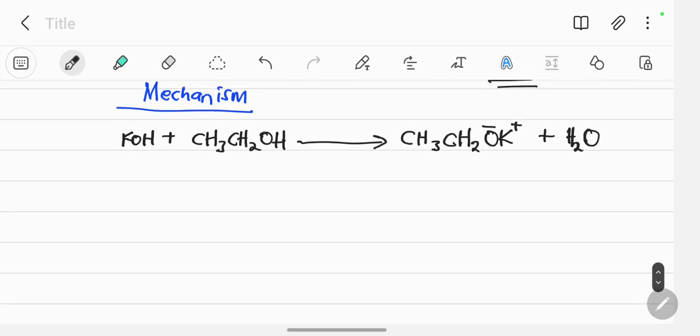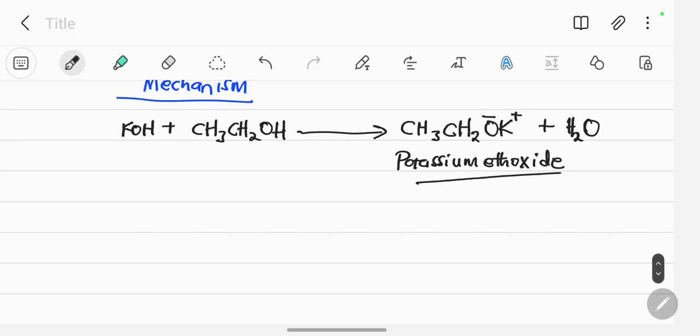So how would we call this? It's going to be potassium ethoxide.